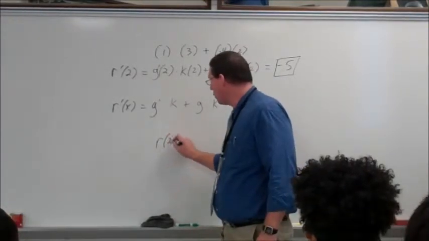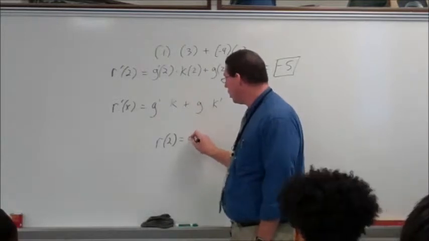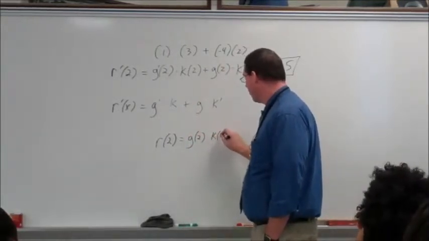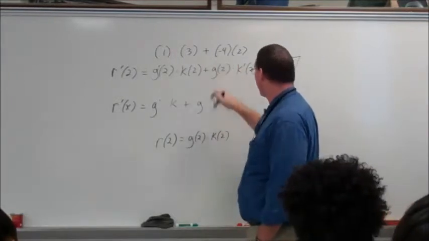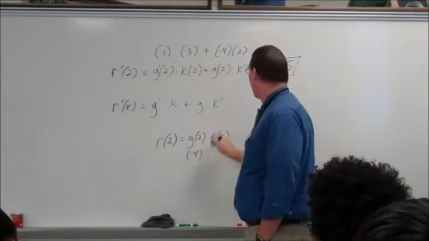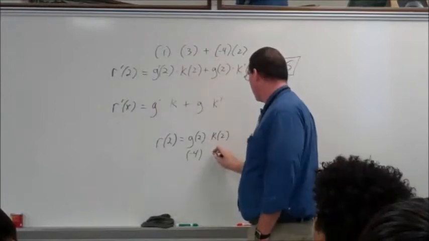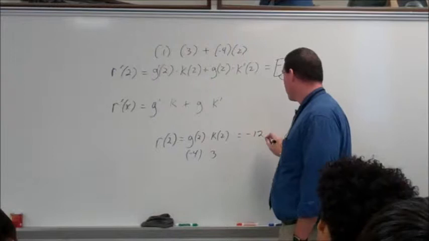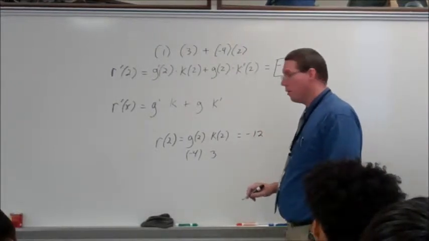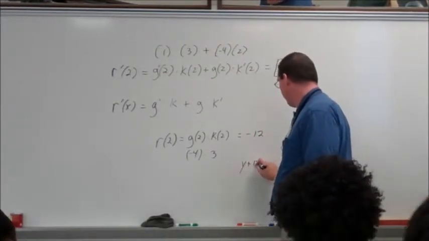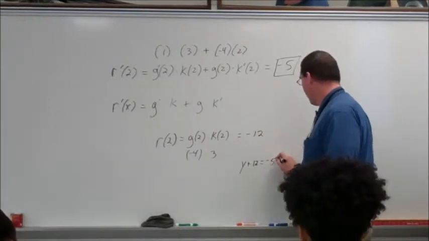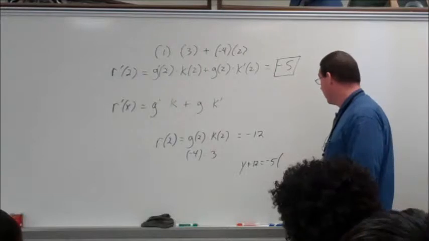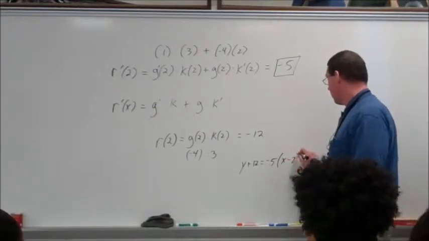We need r of 2, which would be g of 2 times k of 2. And g of 2 is negative 4, and k of 2 is 3. So it's negative 12. And so what would the equation of the line tangent? Y plus 12 equals negative 5. Did you say normal or tangent? I said tangent. Okay, and 5 times x minus 2. X minus 2. There we go.